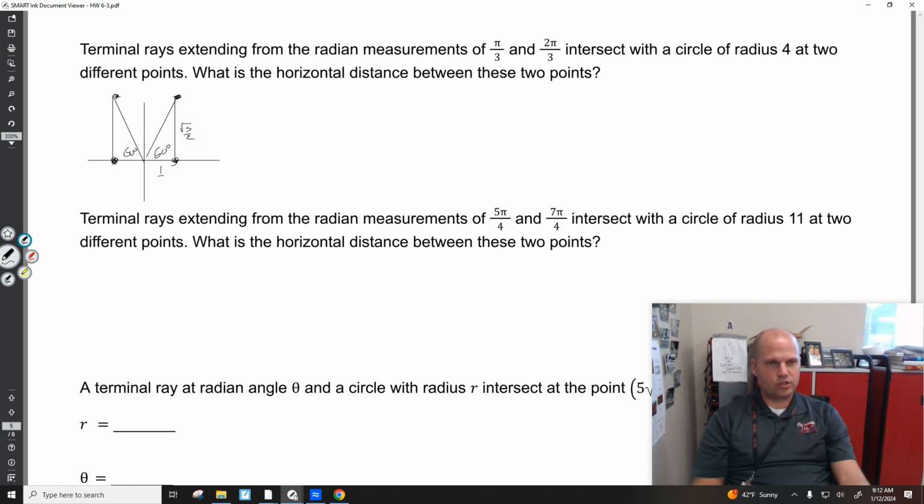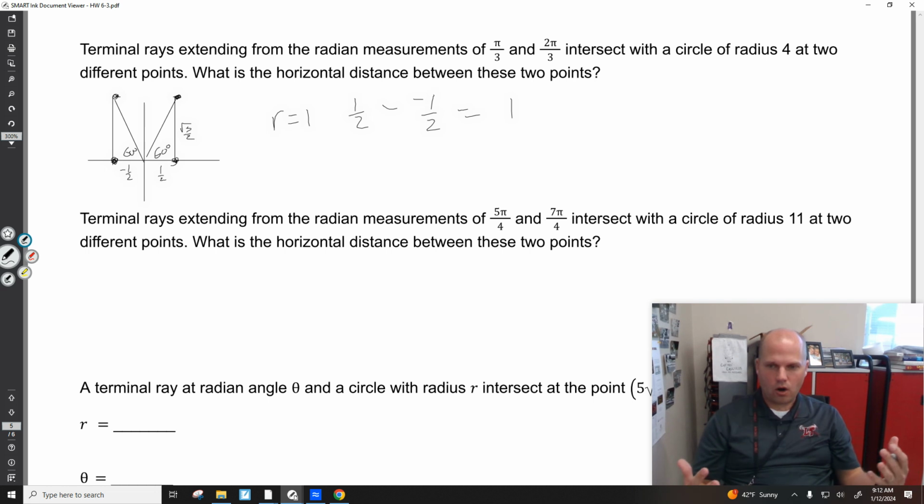We really just concern ourselves with the x lengths. And if it was a radius of 1, I'd have that positive half, and I'd subtract that negative a half, or I'd just make sure everything's positive, and I get, oh, another situation where this is 30, this is 30, this will be an equilateral triangle that's created. So all the side lengths have to be the same. The answer is going to be 4.